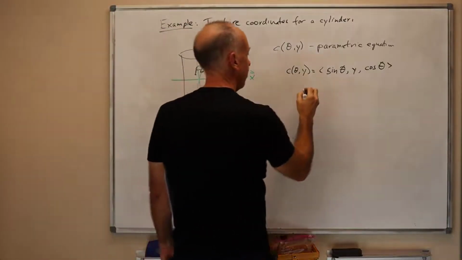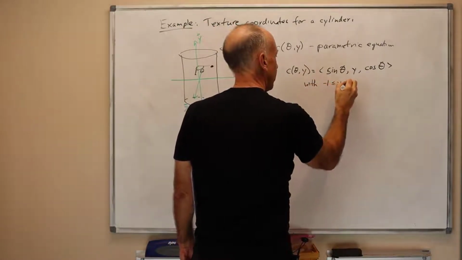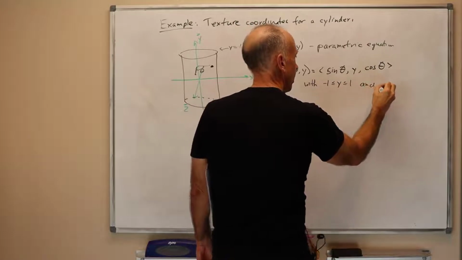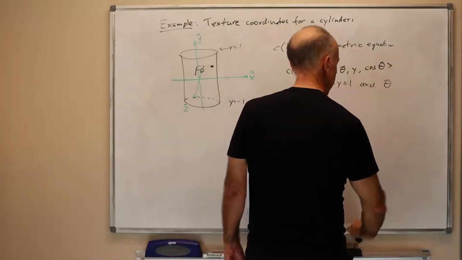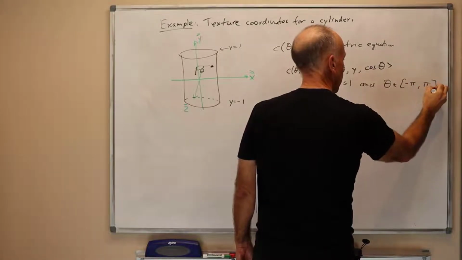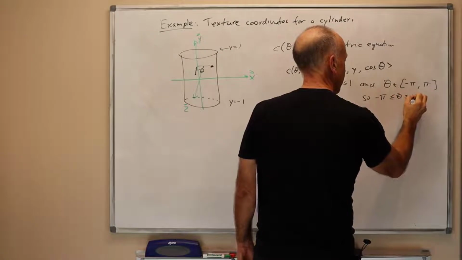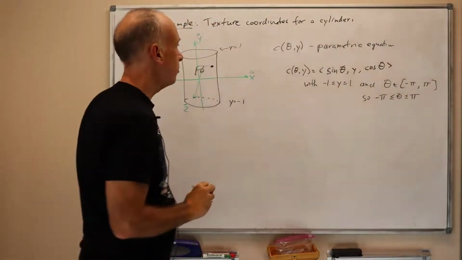For this case, minus 1 is less than or equal to y less than or equal to 1, and theta will be in the interval minus pi to pi. So minus pi less than or equal to theta less than or equal to pi.